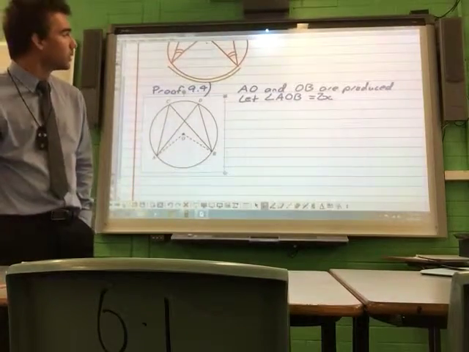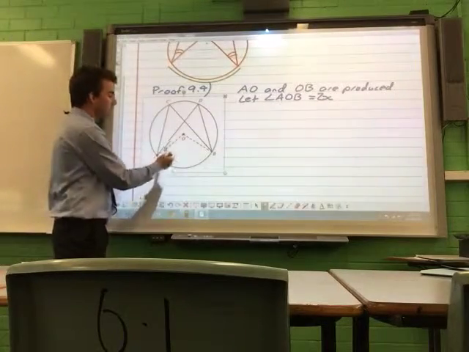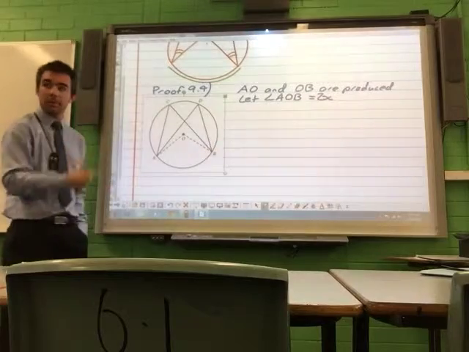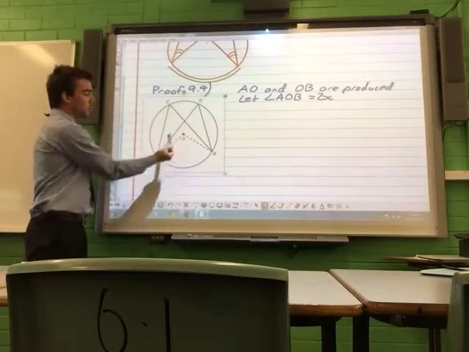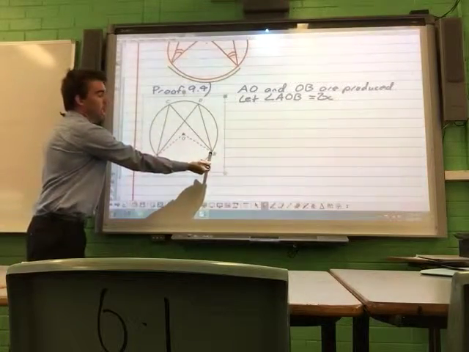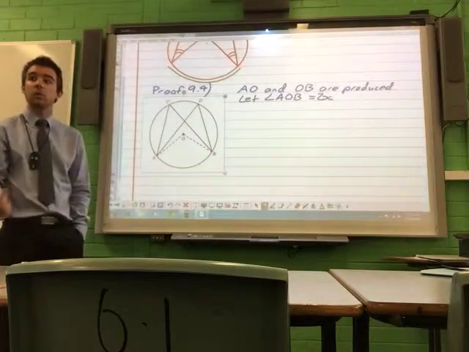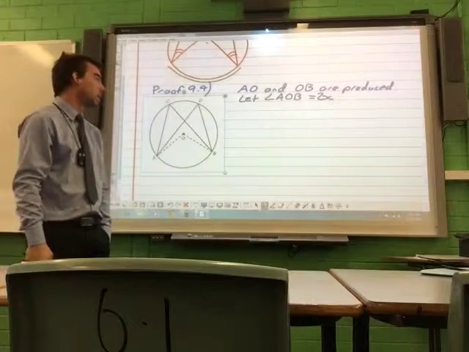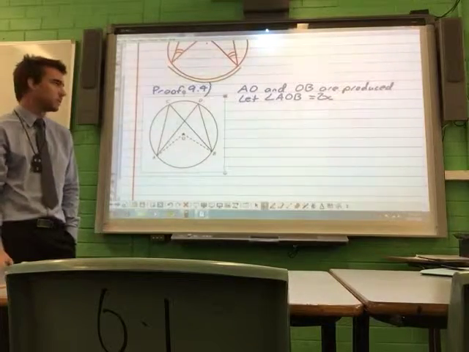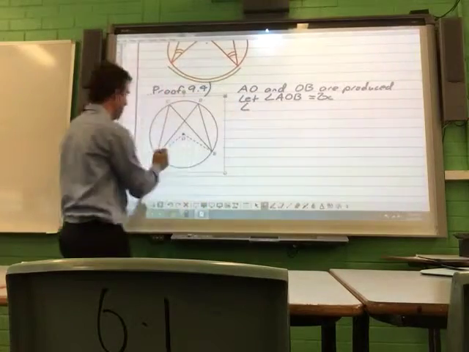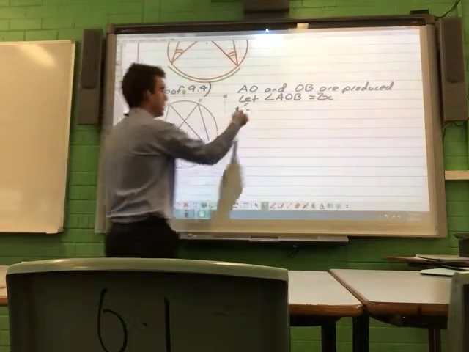What I've done when I've produced AO and OB, I've produced the radii of the circle. So that was that property that we've done before. So we draw two radii. We then draw the end point of the radii to a common point on the circumference, and that goes with the property that the angle at the centre is twice the angle at circumference. Okay, so angle ACB.